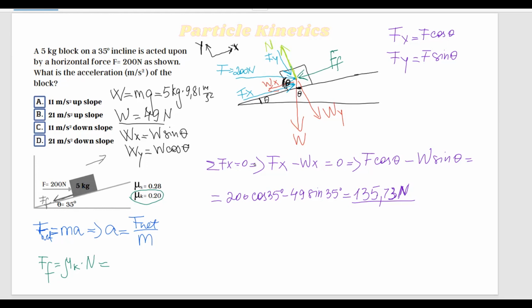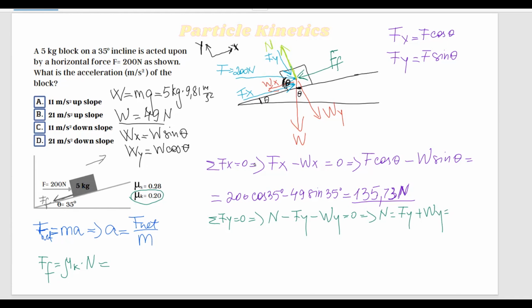But we don't know the normal force. Let's see, how can we find out the normal force? If I do sum of forces in the y direction equals 0, this is going to mean that N, normal force, minus Fy minus Wy equals 0. And from here, we can calculate N is equal to Fy plus Wy.